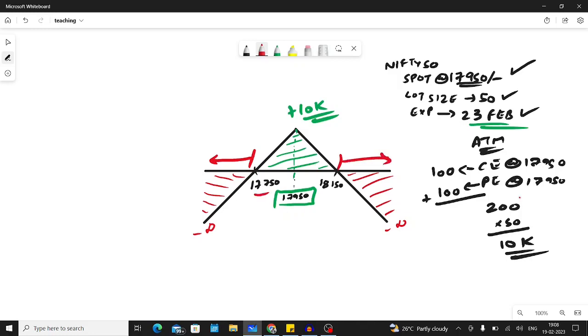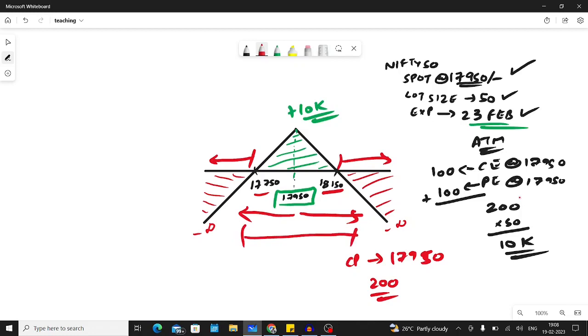Why 17,750 and 18,150? Because 17,950 is the current price and we have collected a premium of 200 rupees, right? So 200 rupees to the right and 200 rupees to the left is the area where we will end up in a profit.